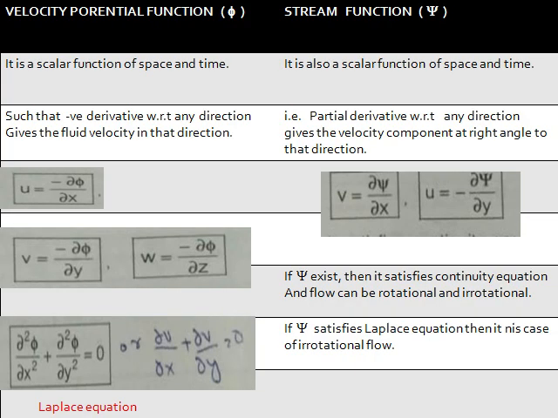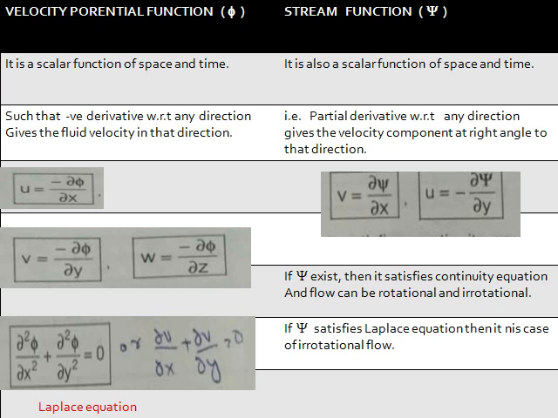Now we will move forward to the velocity potential function and the stream function. Here the velocity potential function is denoted as phi and the stream function as psi. Both are scalar functions of space and time.